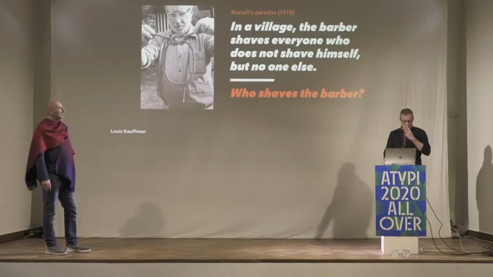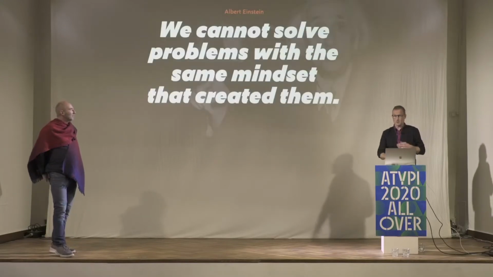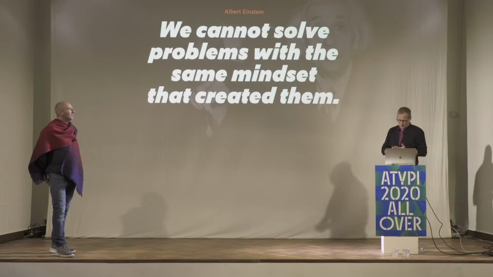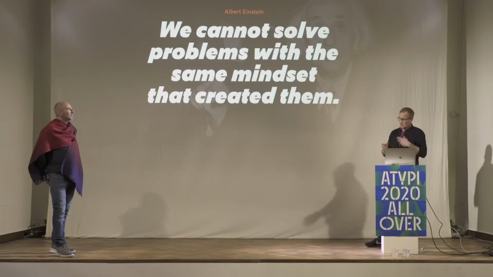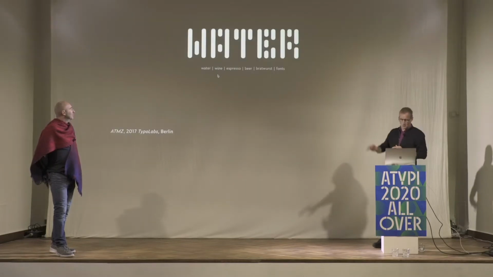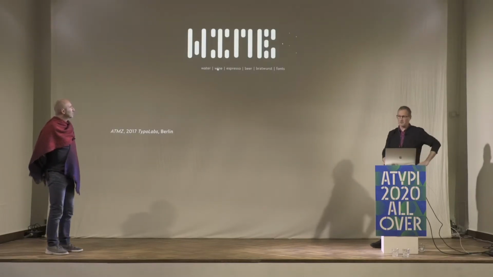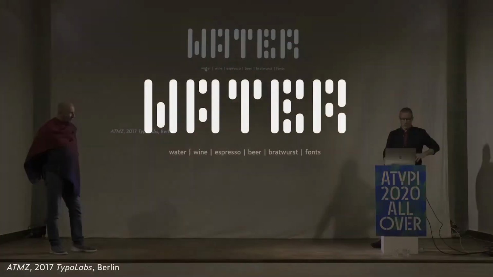And that's often the problem, that we try to solve our problems with the same mindset we already had when those problems started to exist. So we just have to change our mindset, and then we can solve any problem. That's basically what we tried to do a year after the introduction of variable fonts.